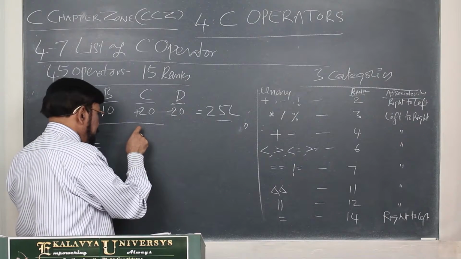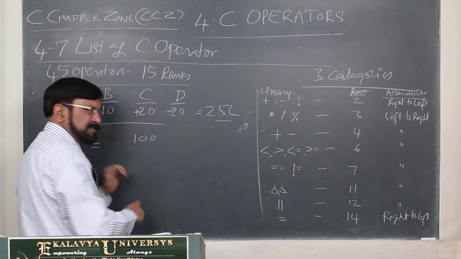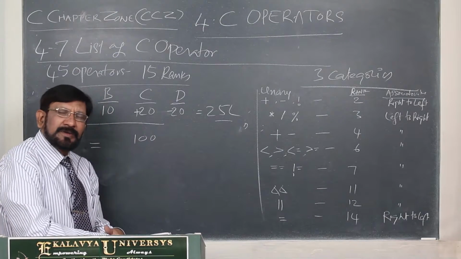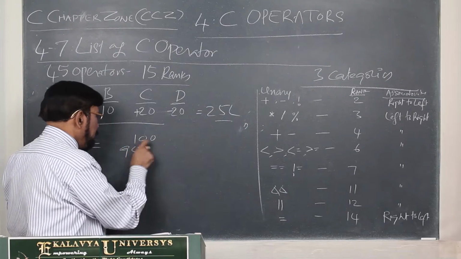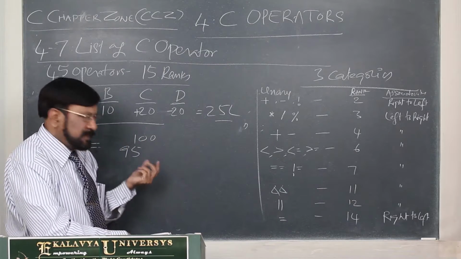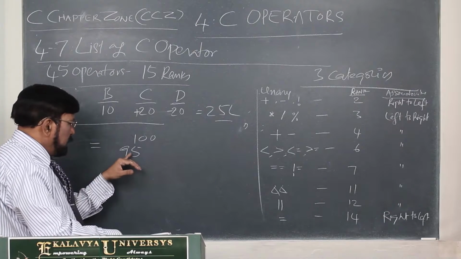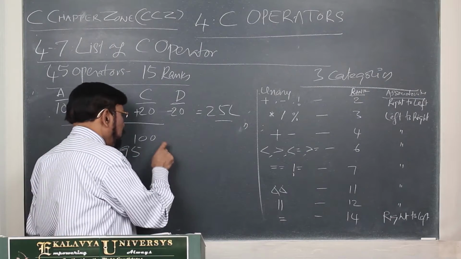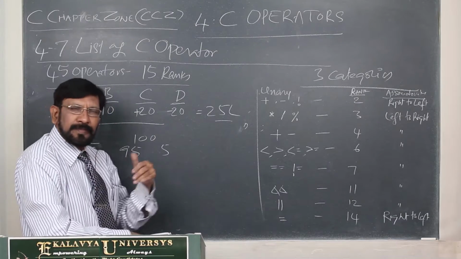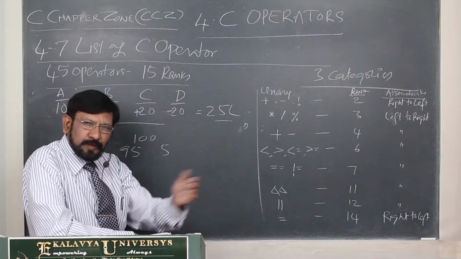During the day, he performed 100 operations. 100 operations means he made 95 sales, 95 transactions of sales, and for 5 people he paid. For suppliers and all that he had to pay.